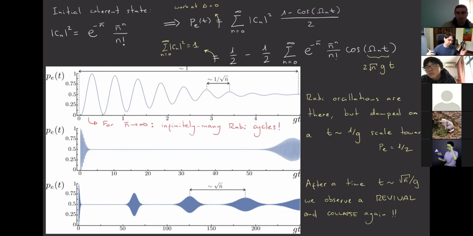You will be happy with your experiment. You will say, okay, I see the Rabi oscillations at the right frequency, at the right periodicity. And moreover, because the time scale between revivals scales as the square root of n, the time that you will have to wait in order to observe this revival goes to infinity. So you should wait much longer than probably you can in the experiment, okay?